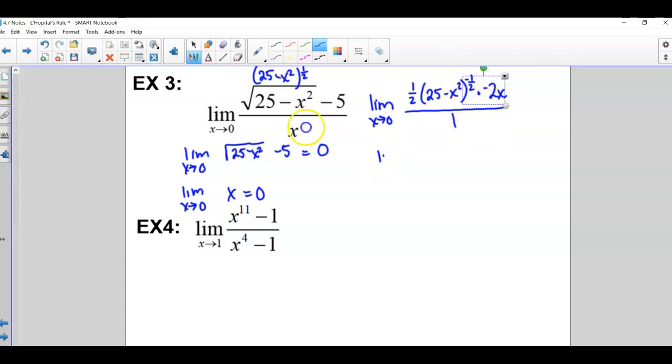And so that gives me the limit as x approaches 0 of, let's see, that 1/2 and that 2 will basically cancel out. So in the top I'll have negative x. In the bottom I'm going to move that square root of 25 minus x squared back down to the bottom.